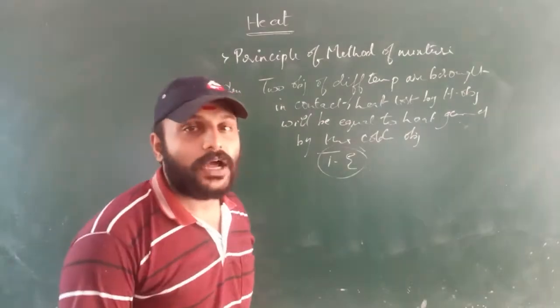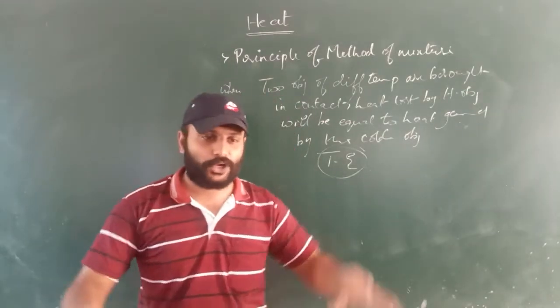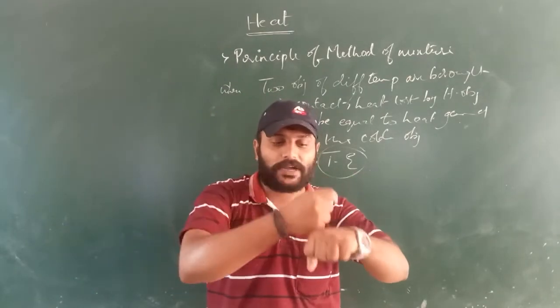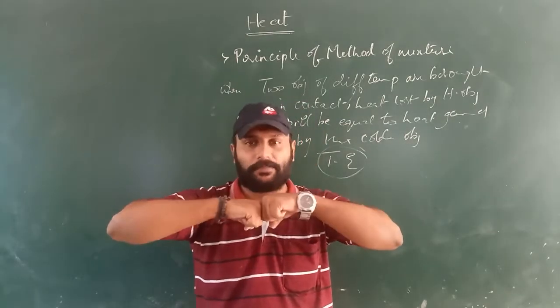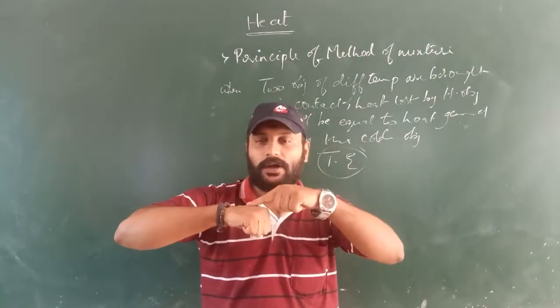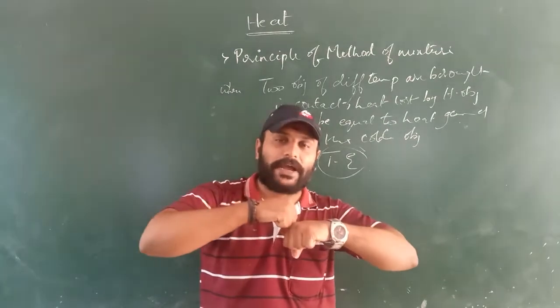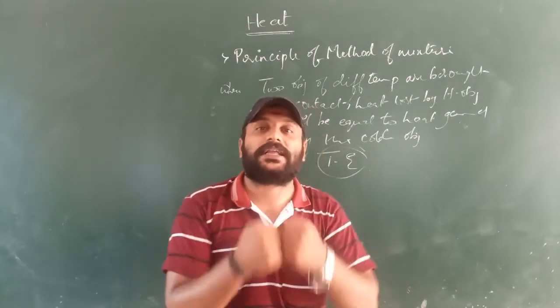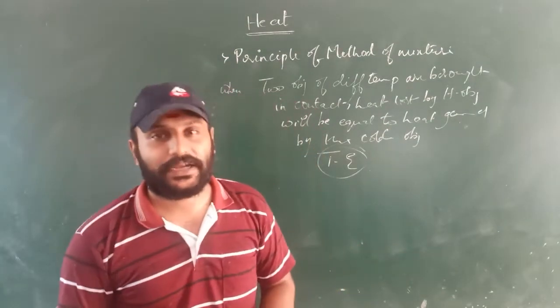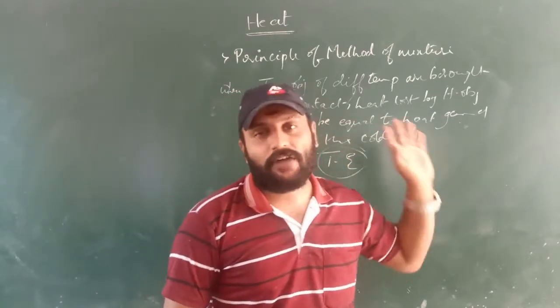This is called the principle of method of mixture. When two objects, one at a higher temperature and one at a lower temperature, are brought in thermal contact, heat lost by the hotter object is equal to heat gained by the colder object until both attain the thermal equilibrium condition.